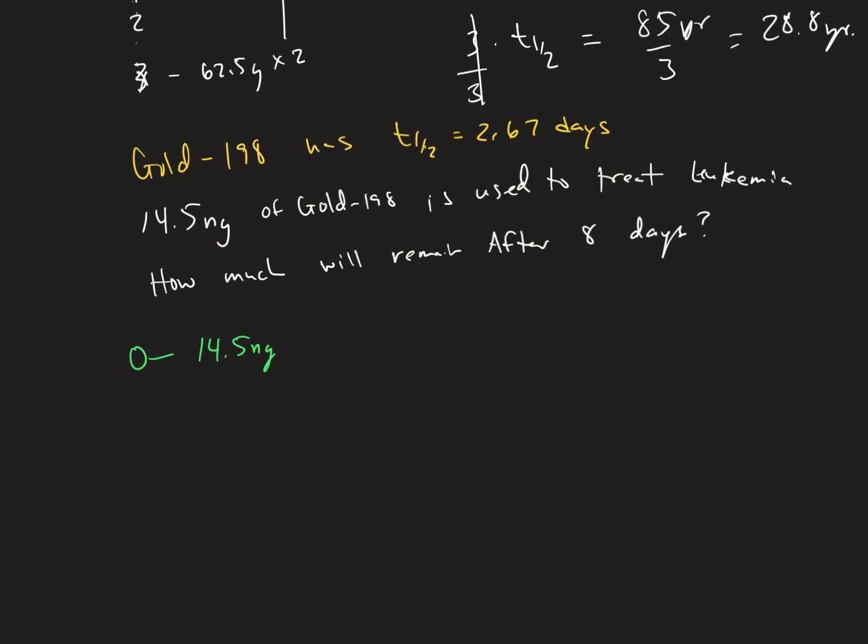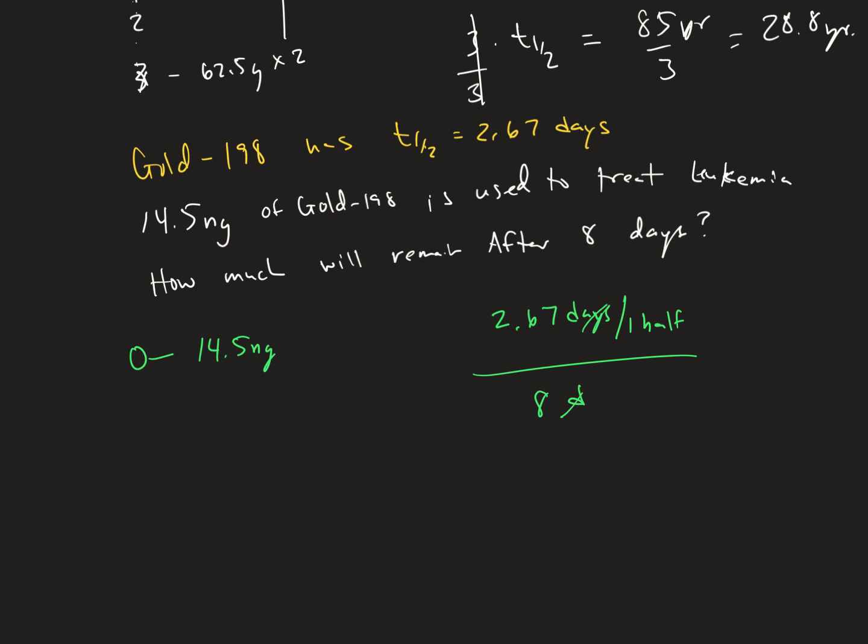How do we figure this out? 2.67 divided by 8, or is it 8 divided by 2.67? Let's make sure we know. Let's do 2.67 days per 1 half-life, divided by 8 days. What is our answer going to be measured in? Per half-life. Do we want to know how many per half-life?